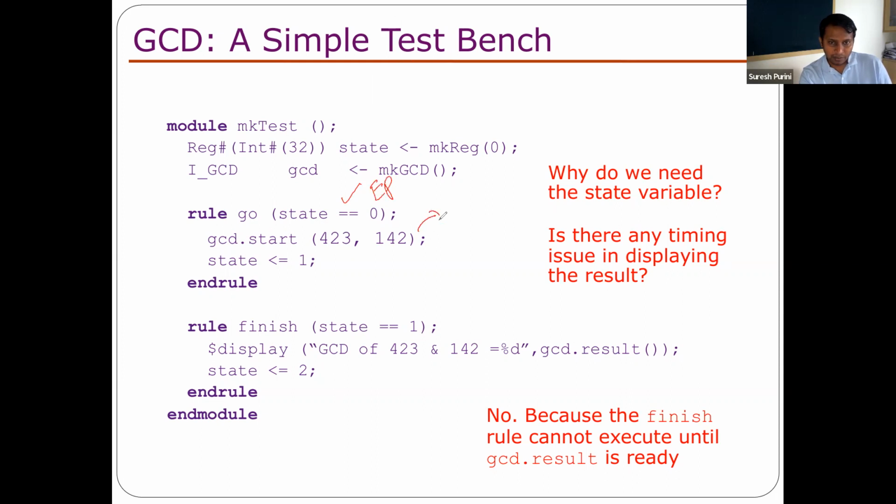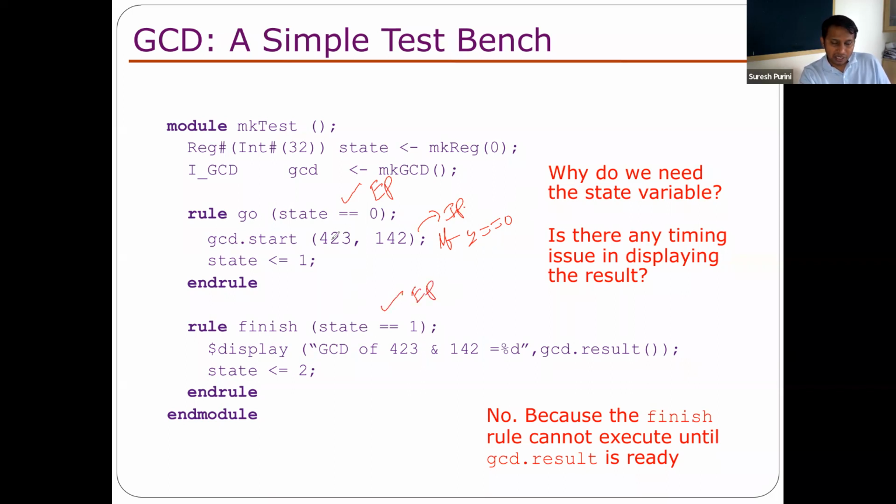And there is an implicit predicate here: remember that you can call start if and only if Y is equal to 0. This is the implicit predicate. If the register Y is not equal to 0, then the go rule cannot fire. Here in finish, this is the explicit predicate.